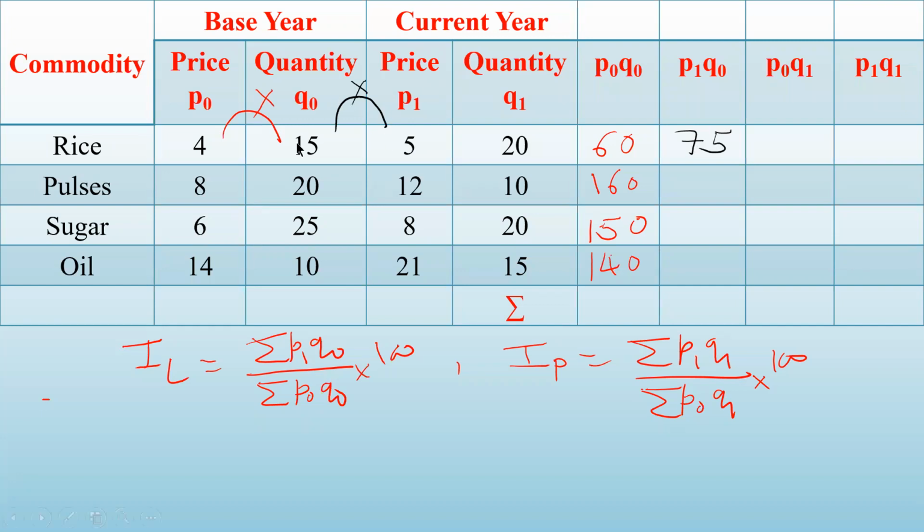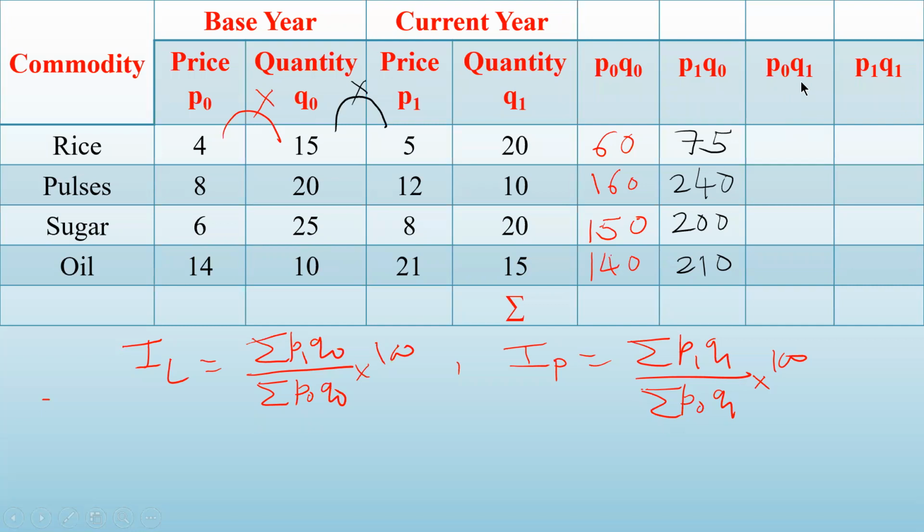Then 20 into 12, 240. Then I have 8 into 25, that gives me 200. And then finally 10 into 21, that gives me 210. So I prepared the column for P1 Q0.